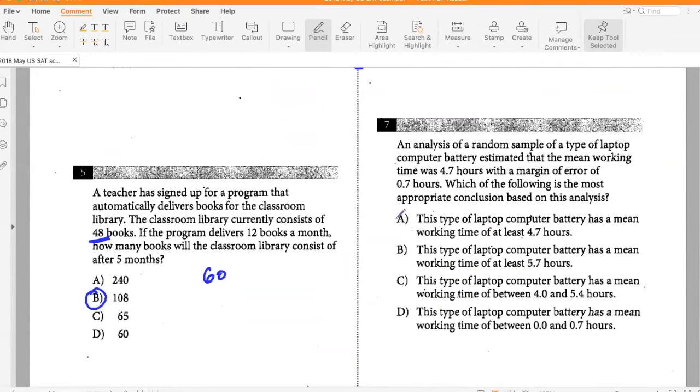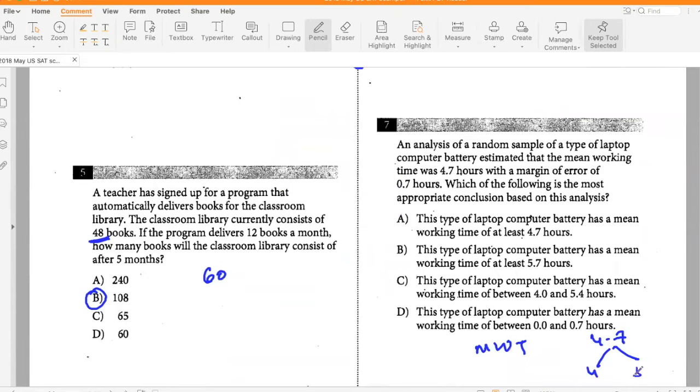An analysis of a random sample of a type of laptop computer battery estimated that the mean working time was 4.7 hours with a margin of error of 0.7 hours. Which of the following is the most appropriate conclusion? So mean working time is 4.7 with a margin of error of 0.7.